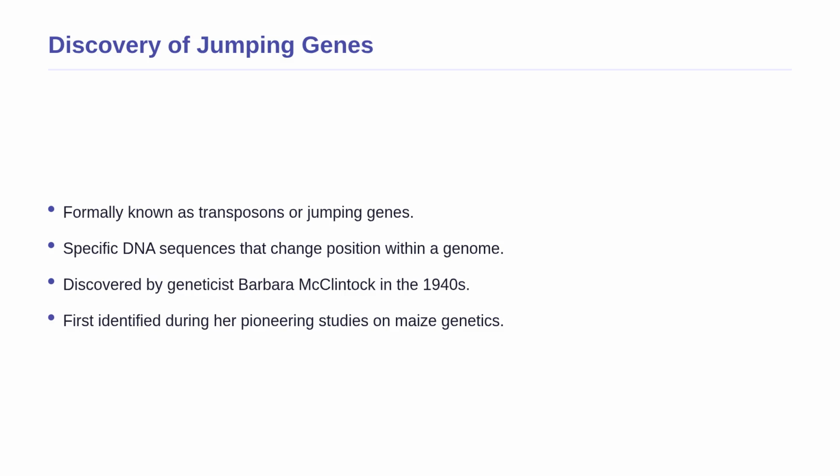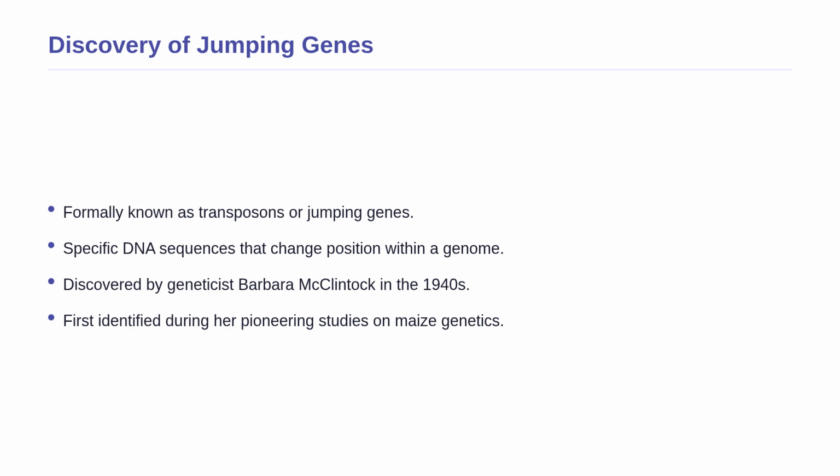Now that we have a conceptual picture, let us look at the formal definition. Transposable genetic elements, often referred to simply as transposons or jumping genes, are specific sequences of DNA that possess the astonishing ability to change their position within a genome.